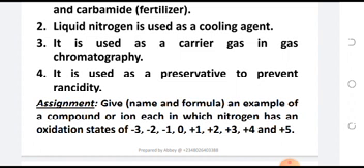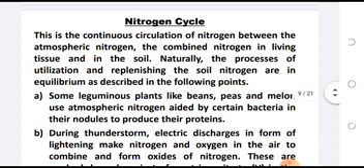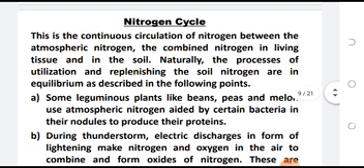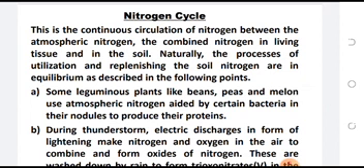Now let's move on to the nitrogen cycle. Nitrogen cycle is talking about the continuous circulation of nitrogen in nature, from the atmospheric nitrogen to how nitrogen enters plants, how it moves from plant to animal, from animal back to the soil, or from the plant back to the soil, and from the soil back to the atmospheric nitrogen.